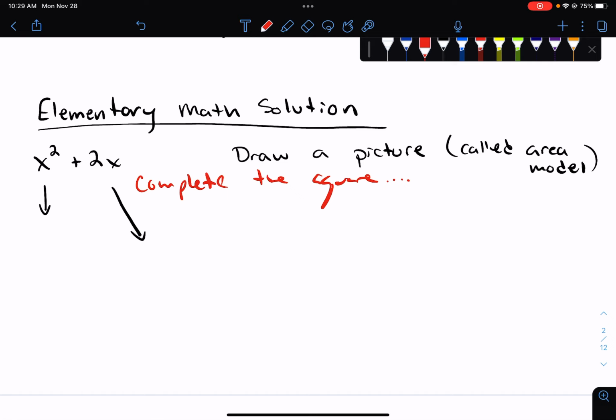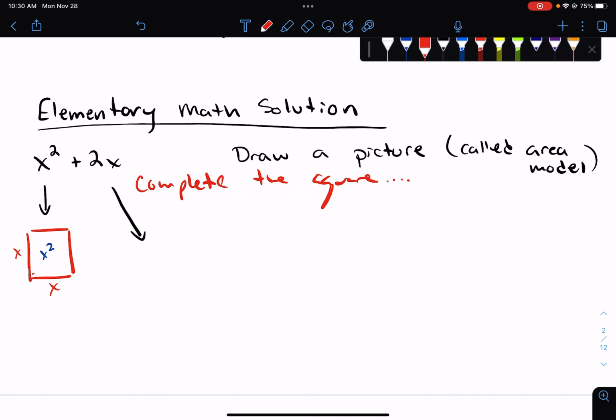And it's not that hard to do because x squared is a really easy geometric shape to make. x squared is just a square and my sides are x long. That's all x squared means, a square that's x by x. If I were looking for the area of this square, I would do x times x and I would say, oh, that's x squared. So that's a really easy geometric shape to make.